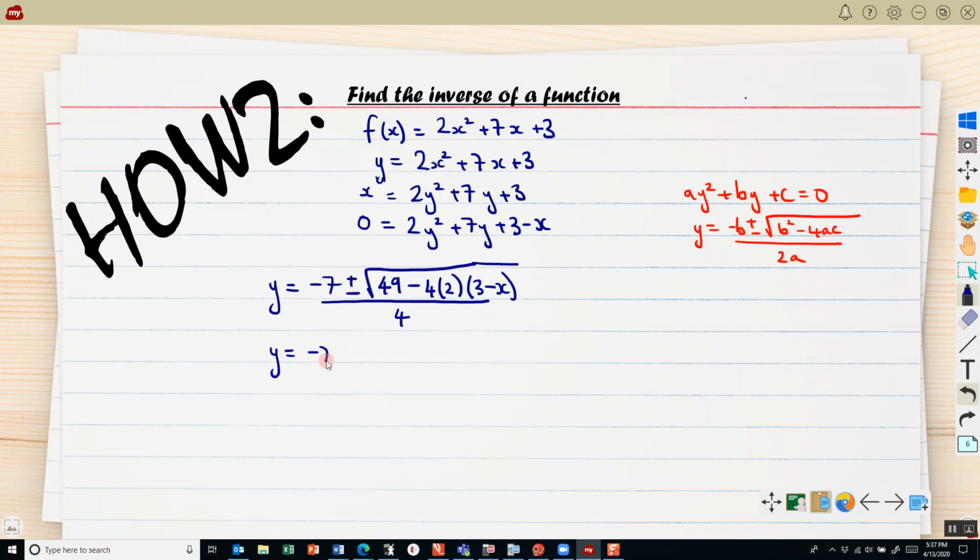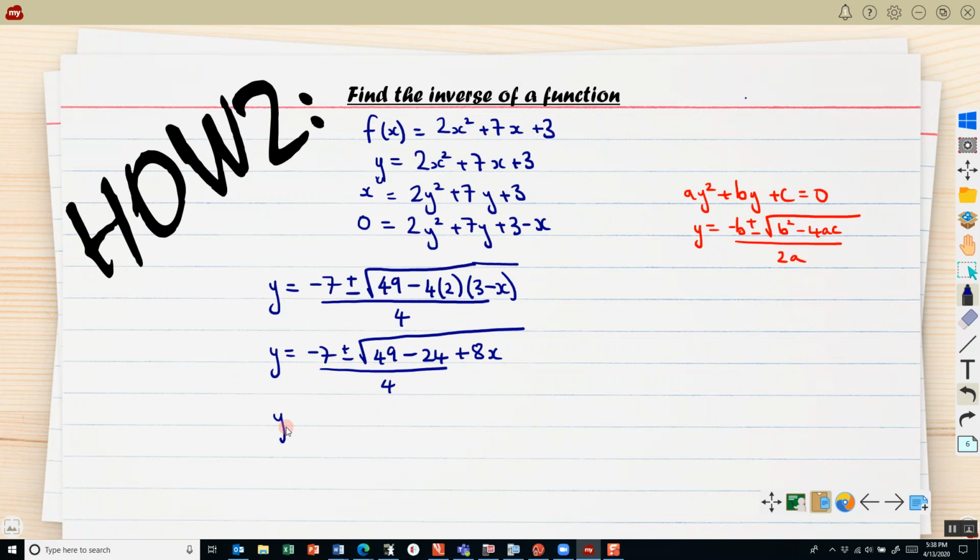So I've got negative 7 plus or minus the square root of, that's 49, minus 4 2s are 8, 3 8s are 24. 4 2s are 8, and it's negative times a negative, so it becomes plus 8x, all over 4.